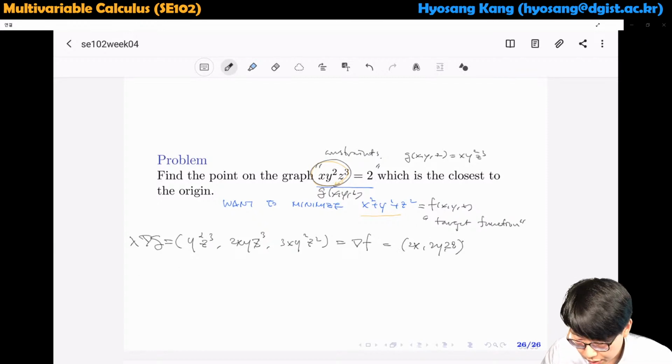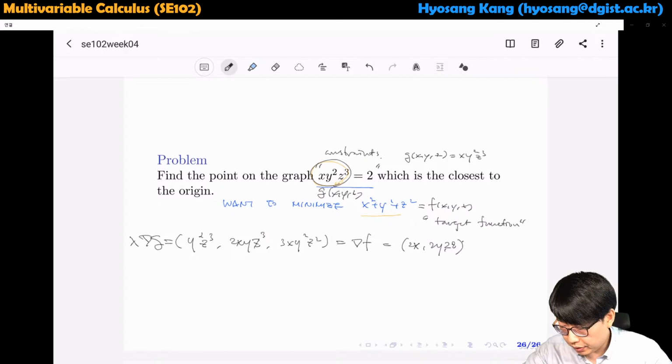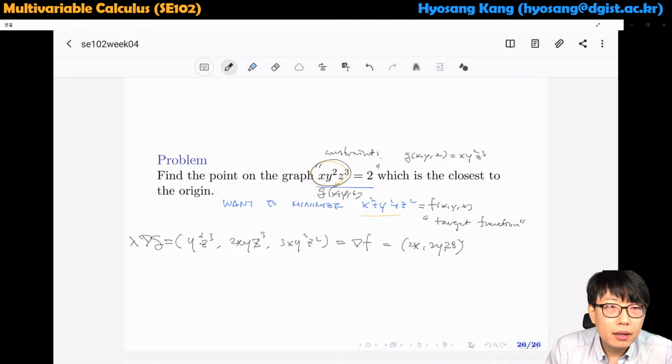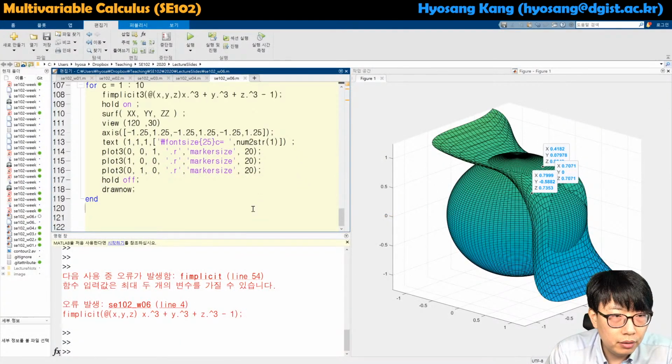So we have 3 equations to solve for x, y, z, and lambda. You will only get 1 point which satisfies these equations. You can do it by hand, which is simple analysis. I will show you how it looks here.